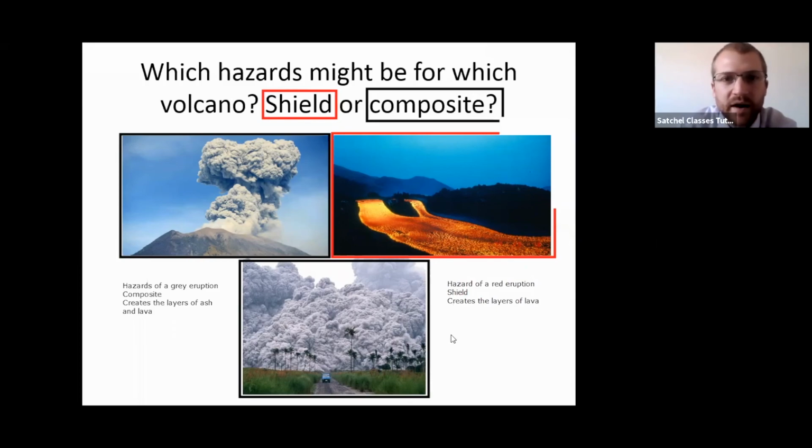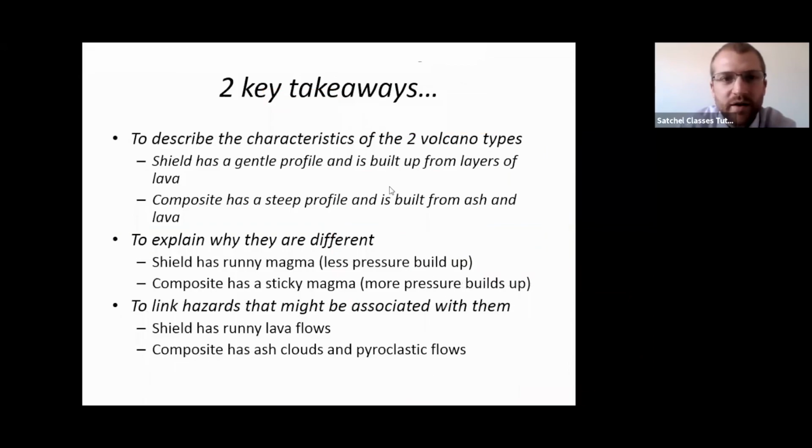So let's look back at our takeaways before the end. So we wanted to be able to describe the characteristics of the two volcano types. We've got shield has a gentle profile, but is built up of layers of lava. Composite is the opposite, steep profile, but is built up from ash and lava. Why are they different? So shield has runny magma, so less pressure builds up.